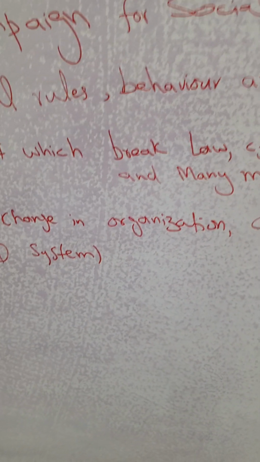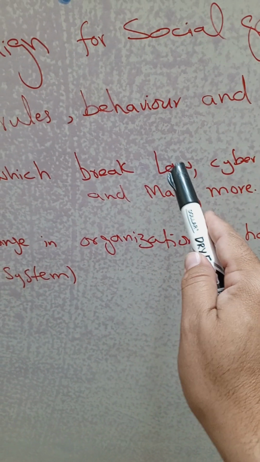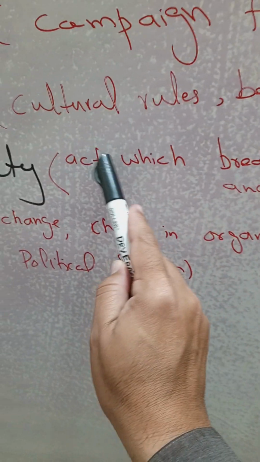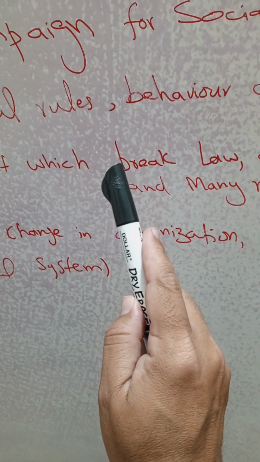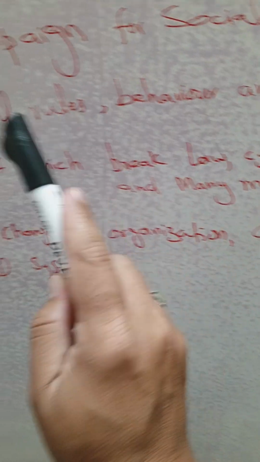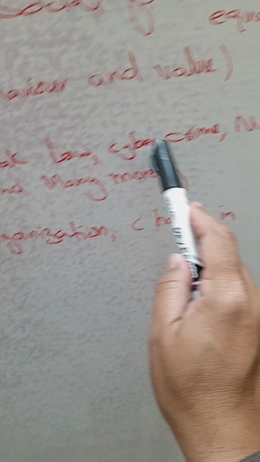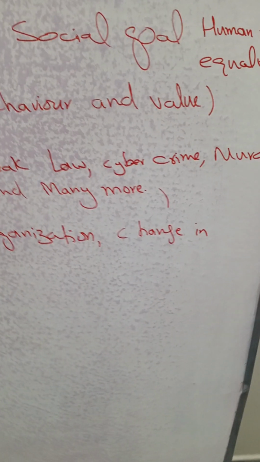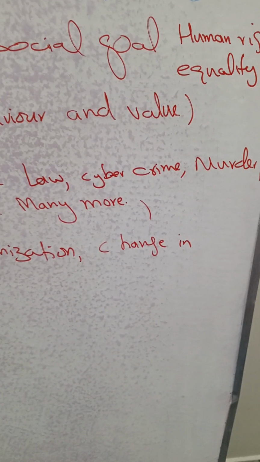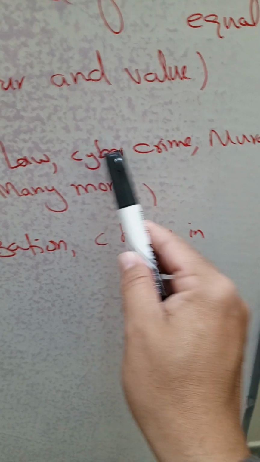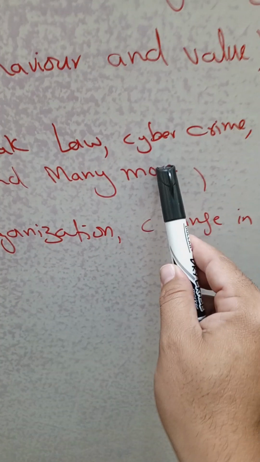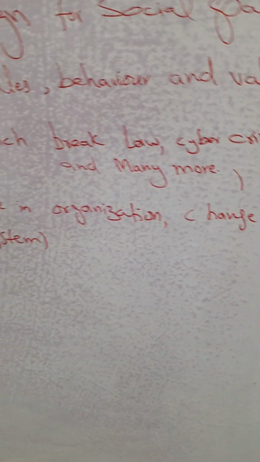Whenever any person breaks the society's rules by any act or action, that is known as crime, like cyber crimes, which are nowadays very common. Majority of the people who use social media face cyber crimes, like murder, and there are so many more crimes in society.